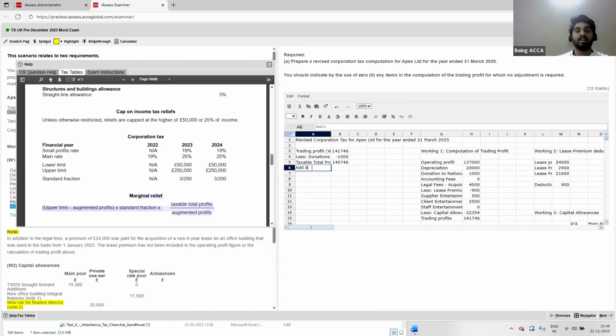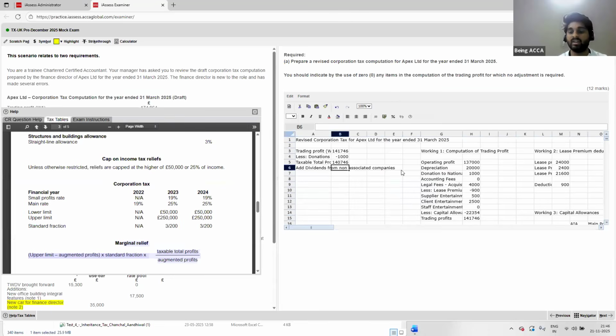So here you add dividends from non-associated companies, which give you 2,250 here, making the augmented profits equal to the sum of the taxable total profits plus the dividends, a total of 142,996.